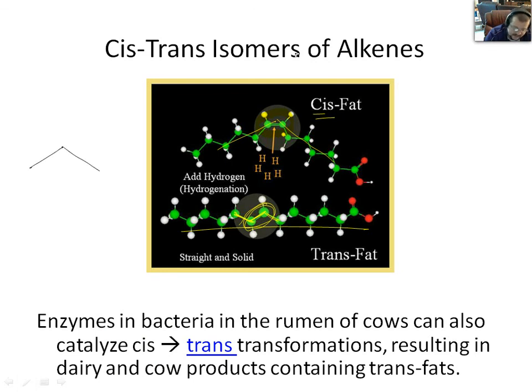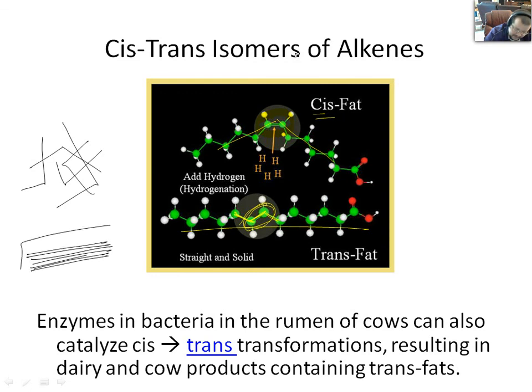Cis fats have these kinks in them that are brought about by the double bonds. But when we have trans fats, because they're relatively straight, they're going to pack very well. So when you think of artery clogging capability, trans fats are going to be a little more solid when they pack than cis fats because of all the kinks in their chains.